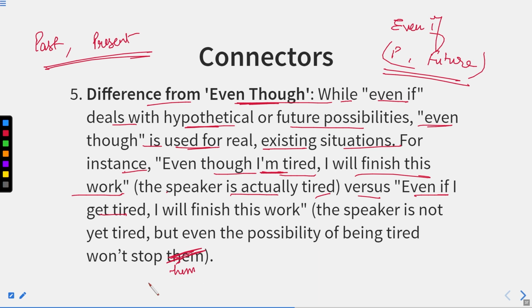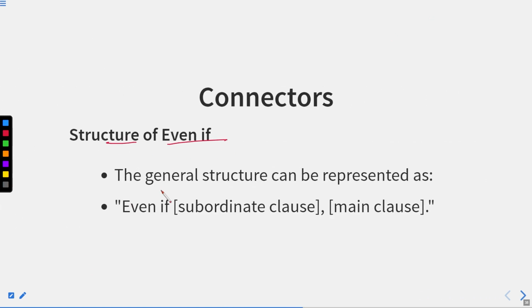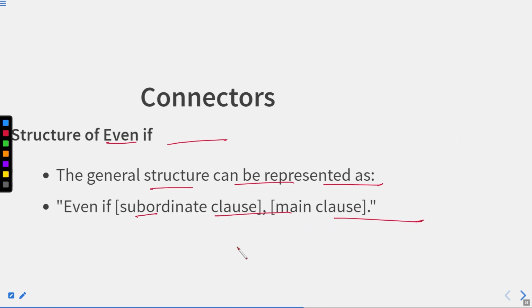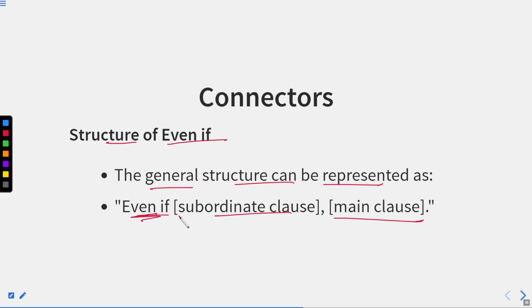Okay, now let us move to the next part. Structure of even if. The general structure can be represented as even if, then subordinate clause, and then the main clause. Now again, you can take this even if in the middle of the sentence, but for that you have to shift. The sentence will have first the main clause, then the conjunction even if, and after that the subordinate clause.